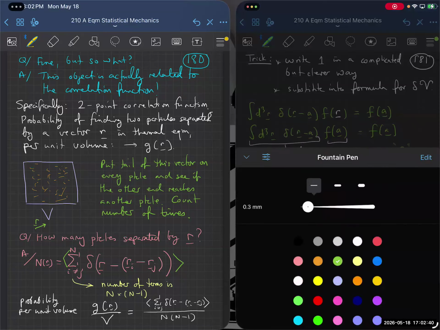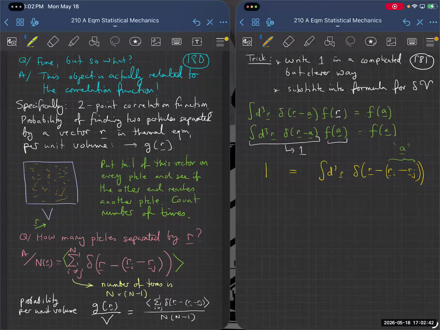So then what I'm going to do is write down what the virial is. Therefore the virial, or the change in the virial, is equal to minus 1/2 times the expectation value of the sum of i not equal to j.